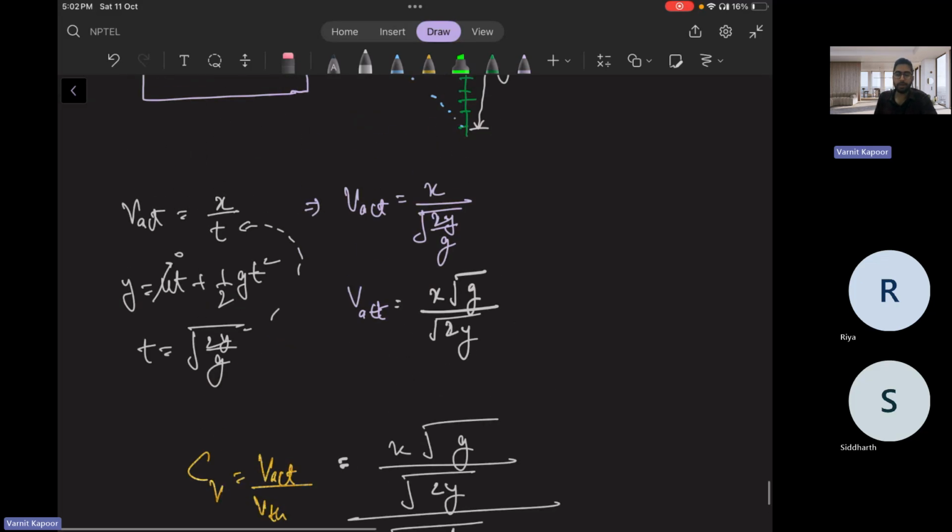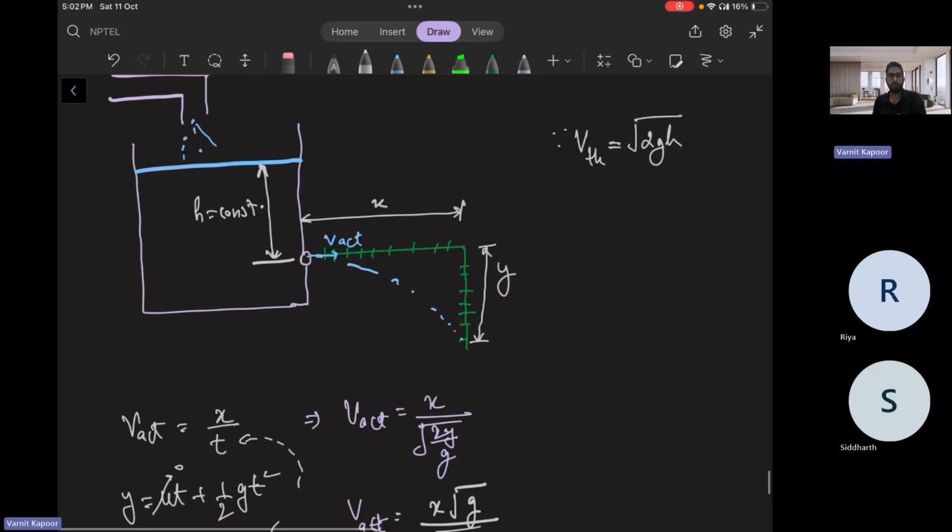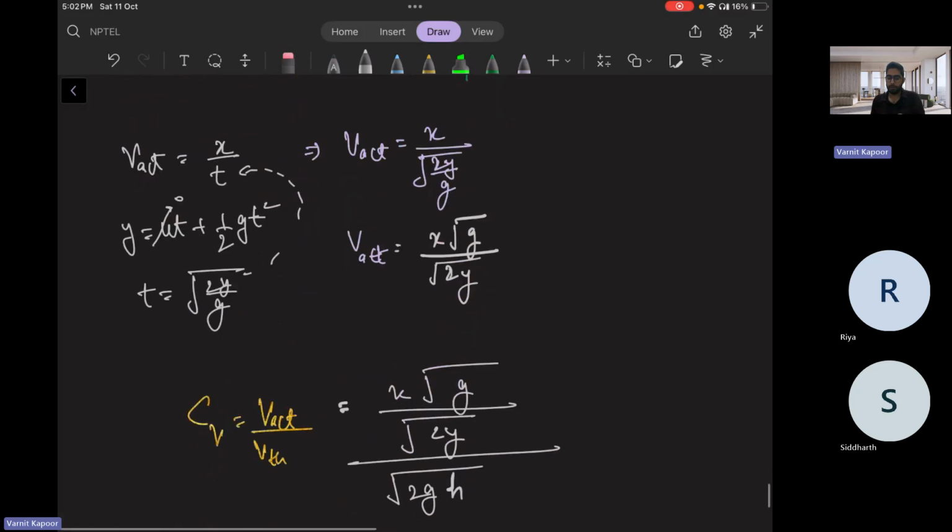You know what x is, what y is from the scale. You know the value of g. You get the coefficient of velocity, that is x over root of 4yh, since 2 into 2 is 4. Okay.